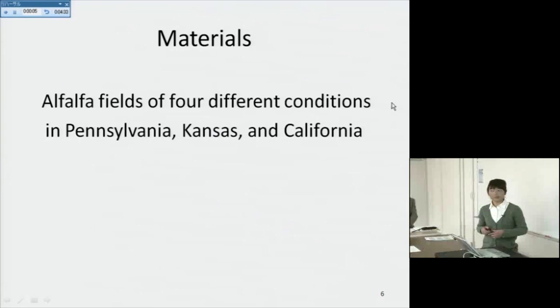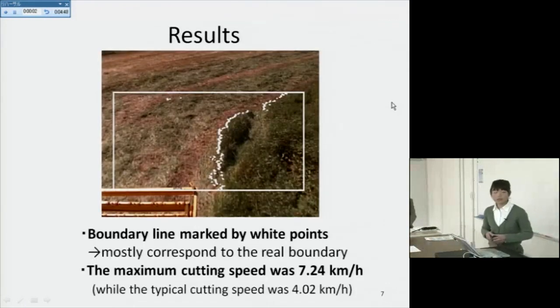And field tests were taken in alfalfa fields of 4 different conditions in Pennsylvania, Kansas, and California. This is part of the result. The boundary line detected by the processor is marked by white points, and it mostly corresponds to the real boundary.